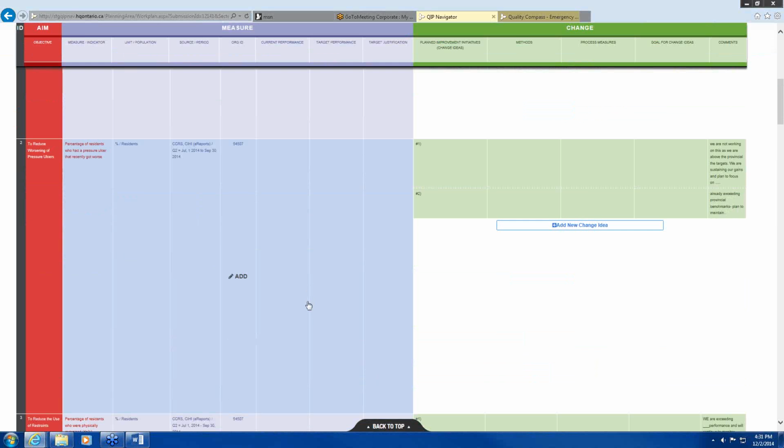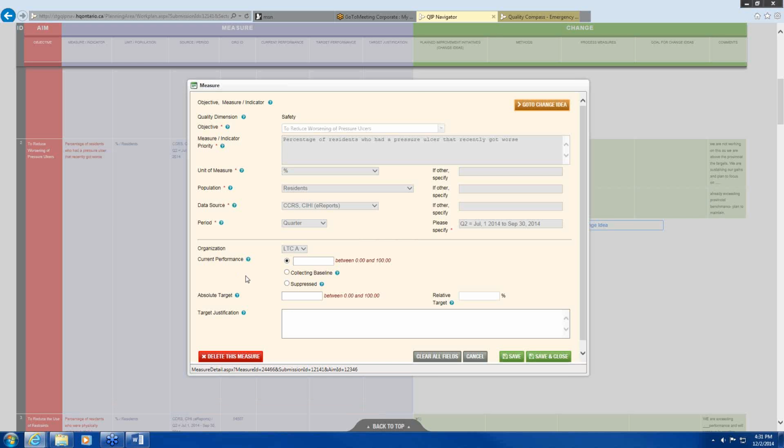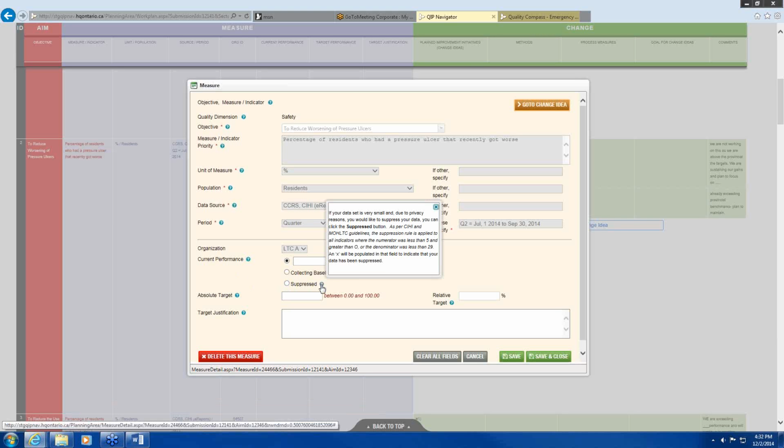So we have to reduce worsening of pressure ulcers. Let's say you perform really well on your pressure ulcers, so you get a suppressed number in your data, which means that it's less than 5. For confidentiality purposes, there wouldn't be a number put in there for you.